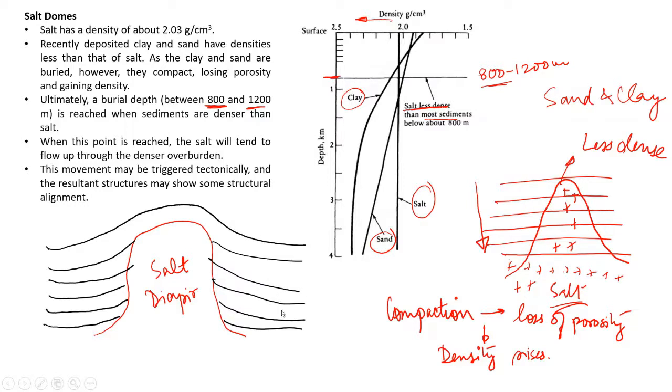Now their density has increased due to compaction, and by chance, if any of these strata is a reservoir rock, then this is the oil trap.